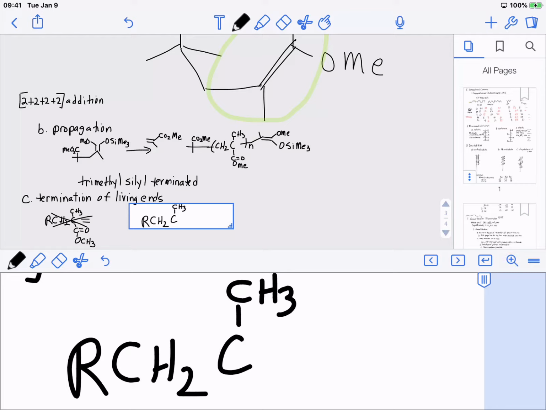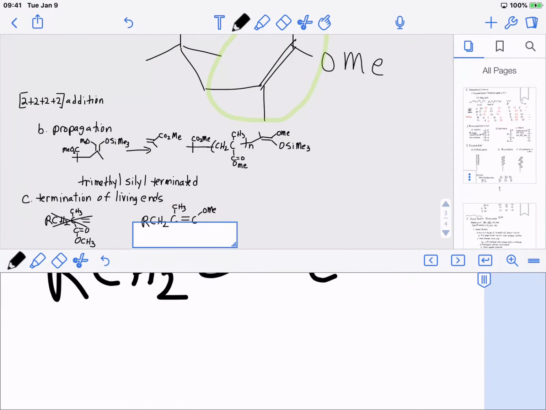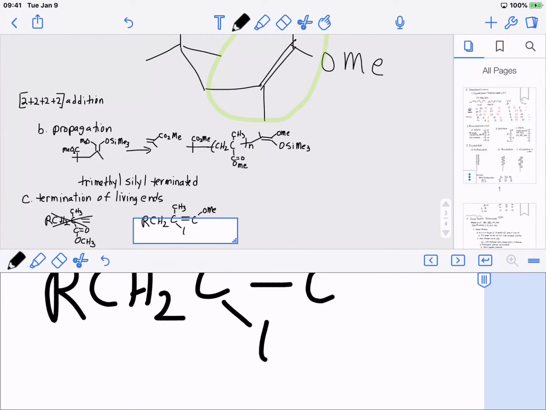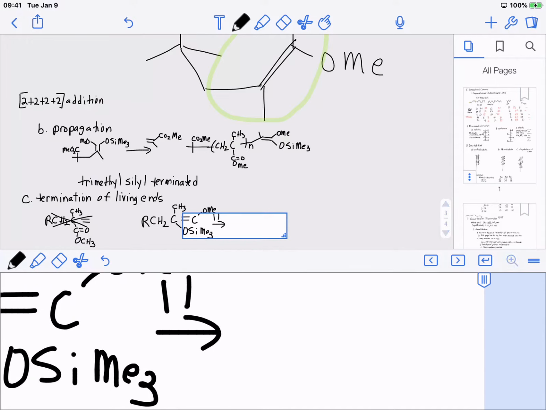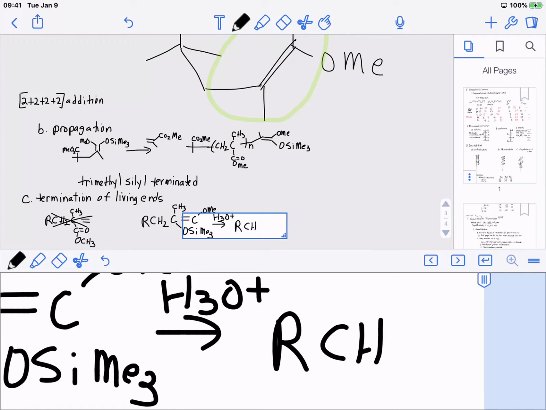That's the CH3 from the backbone. And then the living end there. You can kill it off with stuff like acid. If you kill it off with acid, then it forms R, CH2, CCH3.